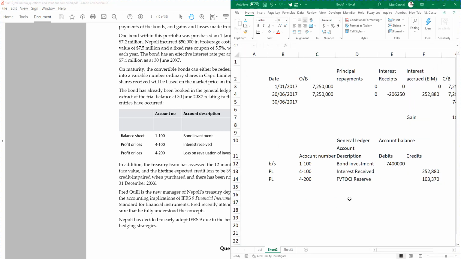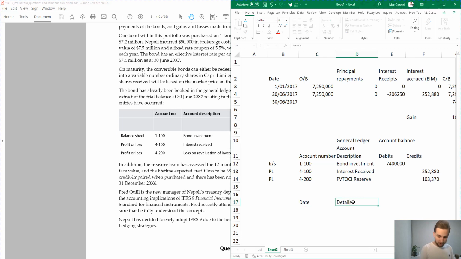The journal entry that we're going to post over here. So we'll get date, details, debit, credit. The date's going to be end of financial year, so it's going to be 2017.